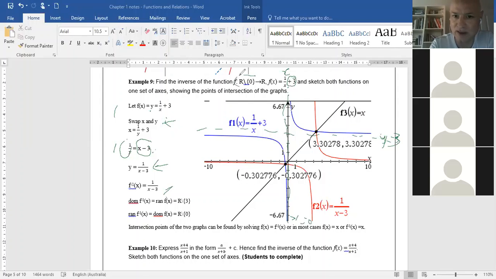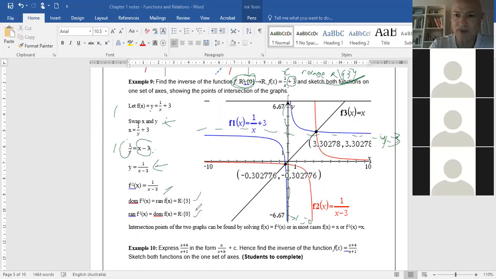And our range is all reals except, of course, y equals 3 because of that translation. So the range here is reals except 3. This range becomes my new domain for the inverse, and this domain becomes my new range for the inverse.